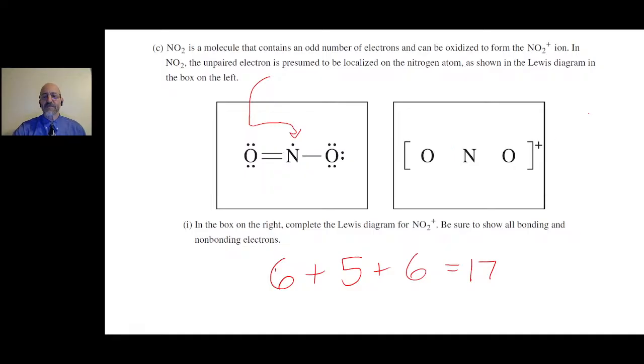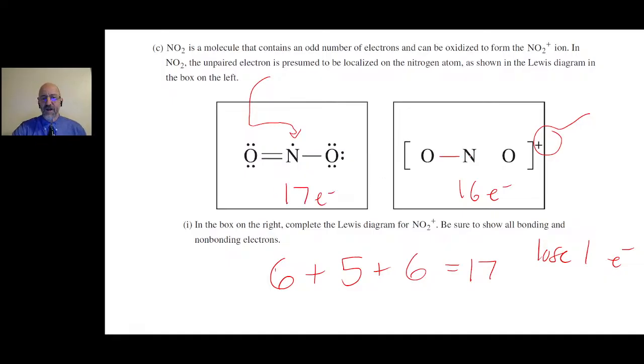What are we doing? We're going from an atom or a molecule to a polyatomic ion that has a positive charge. So we're going to lose 1 electron. That means that this structure has to have 16 electrons because this structure has 17.